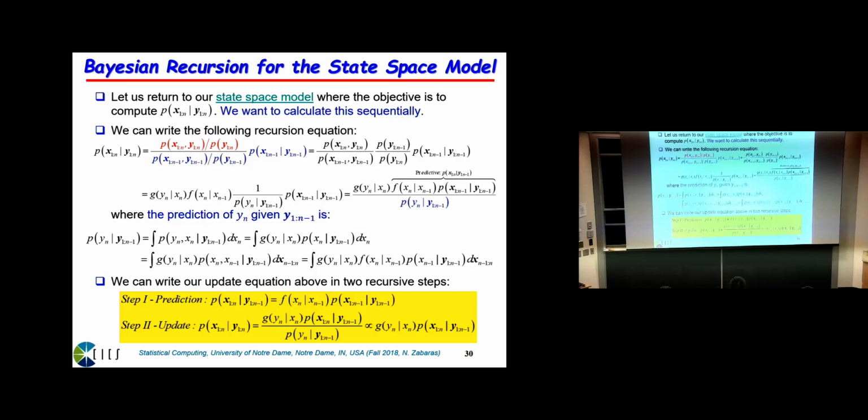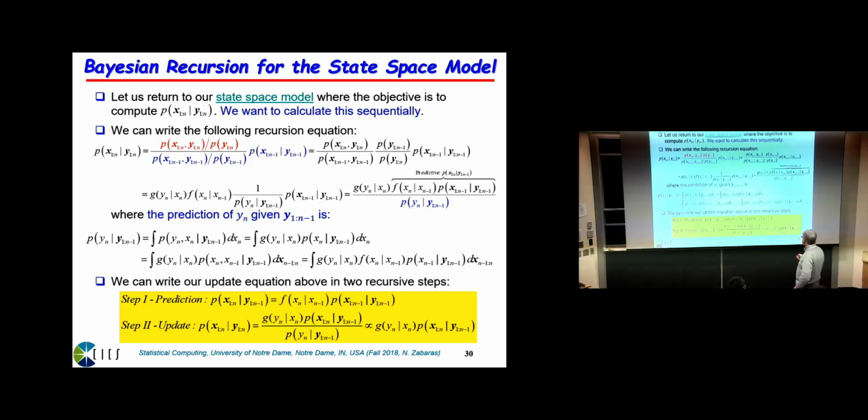So in the way that we have it here, we are going to compute the posterior of x1 to n given y1 to n. And let's say that you don't really care about all the x's, and the only thing you want is to update the state xn. Okay, you only need the marginal.